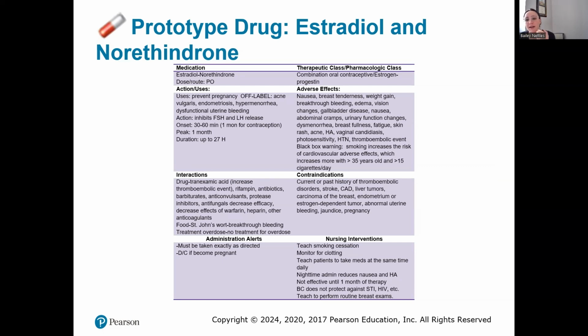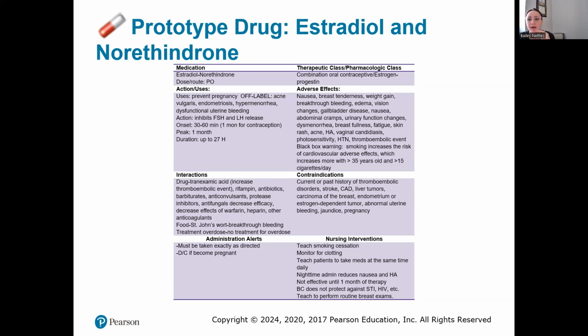So adverse effects: nausea, breast tenderness, weight gain, breakthrough bleeding, edema, vision changes, gallbladder disease, abdominal cramps, urinary function changes, dysmenorrhea, which is abnormal or very painful bleeding, menstrual cycles, breast fullness, fatigue, skin rash, acne, headaches, vaginal candidiasis, photosensitivity, hypertension, thrombotic event, black box warning.